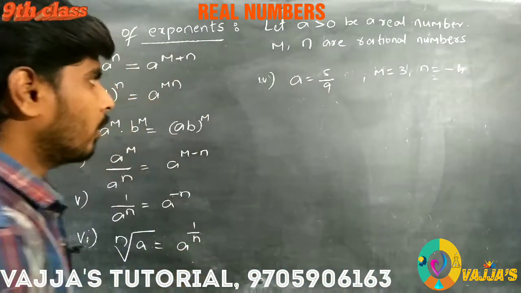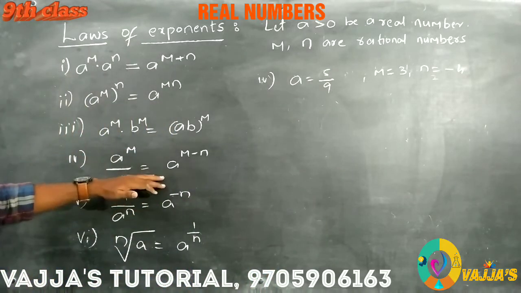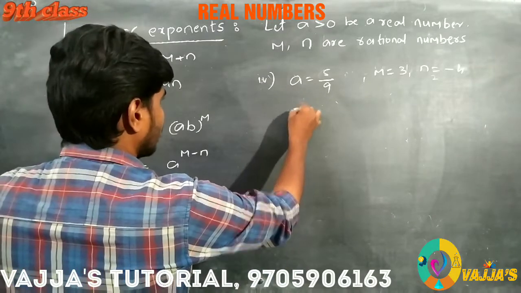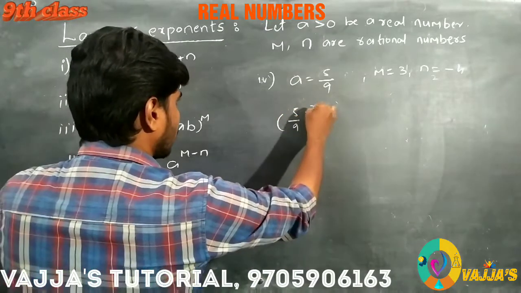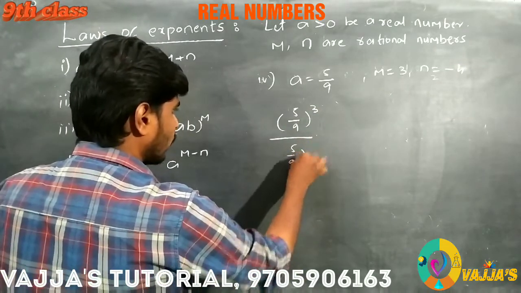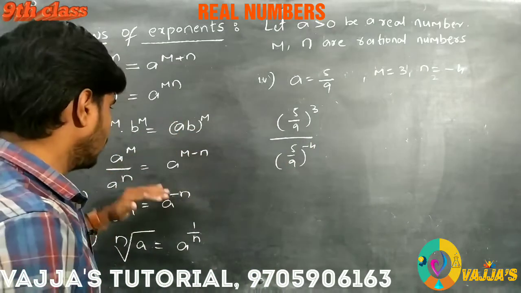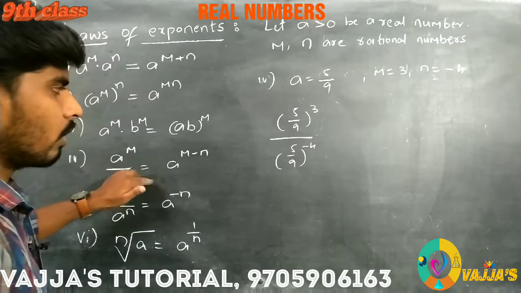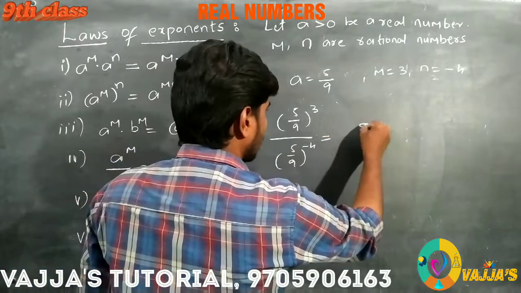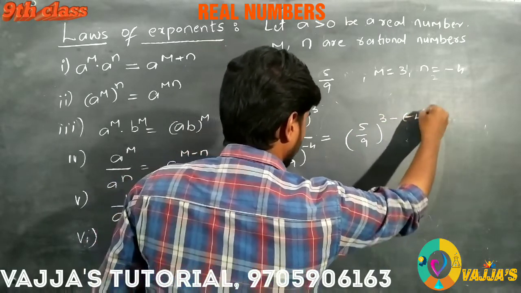I am going to apply the fourth law: a power m by a power n is equal to a power m minus n. So 5 by 9 whole power 3 by 5 by 9 whole power minus 4 becomes 5 by 9 whole power 3 minus of minus 4.